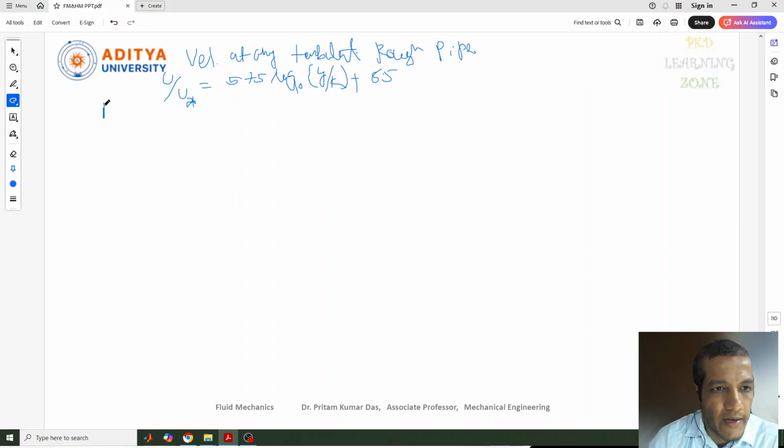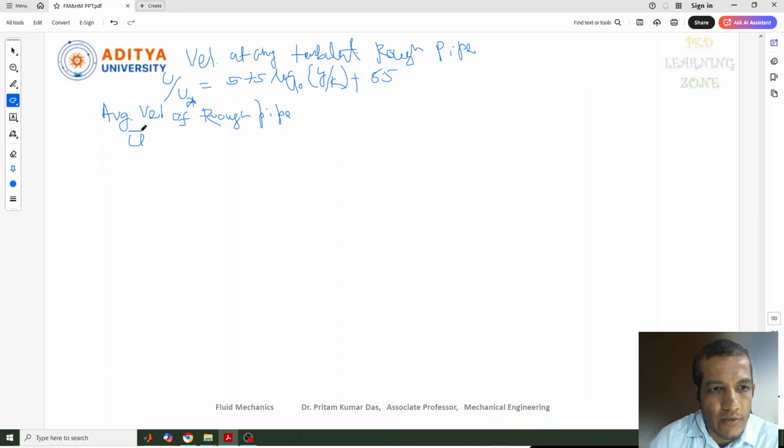Similarly, we need to write again the average velocity of the rough pipe in the turbulent flow condition. Again, same thing.